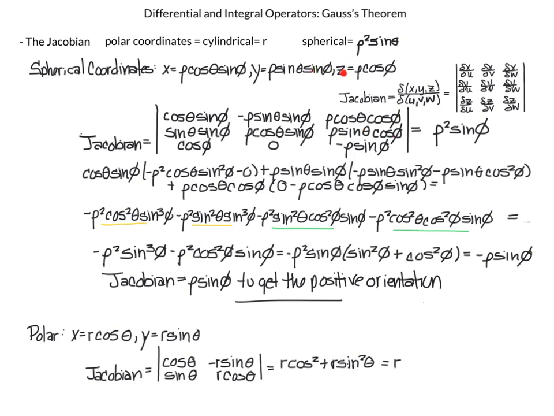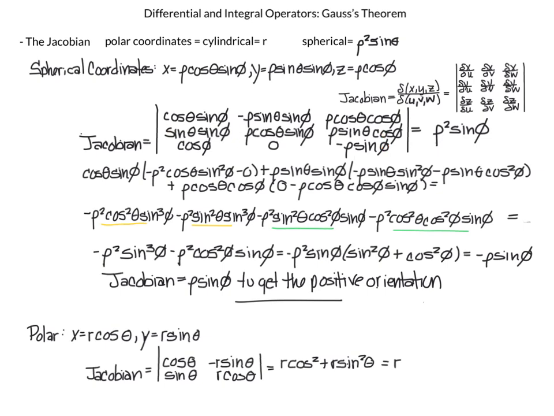Finally, we take our last coordinate z, and take partial derivative with respect to rho, theta, and phi. So partial derivative with respect to rho is cosine phi, partial derivative with respect to theta is 0, and partial with respect to phi is minus rho sine phi.